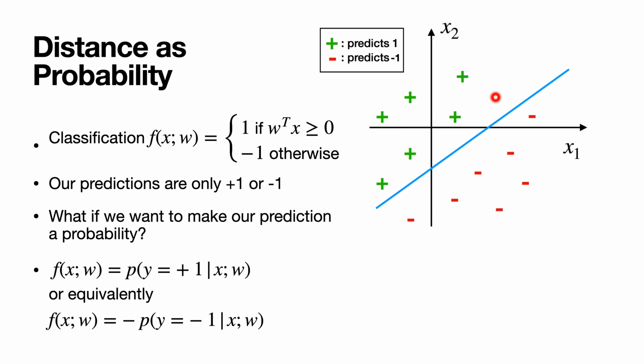So the idea is the perpendicular distance to the decision boundary, which, by the way, we know is W transpose X. If that distance is far, then we are more certain what class it is.